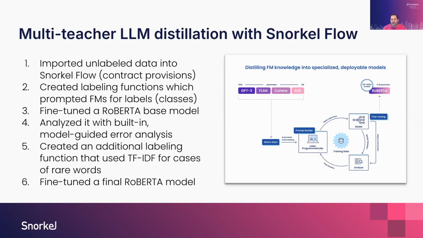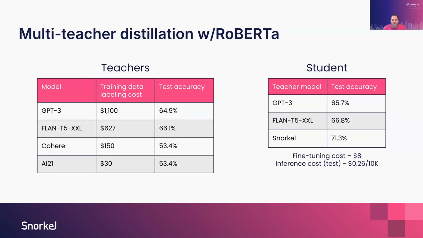Using all of these signals to generate these labels, we then curated a new training data set and fine-tuned a Roberta model, a much, much, much smaller model compared to GPT-3. If we look at the results, of course, there's some cost to have these teachers label our training data.